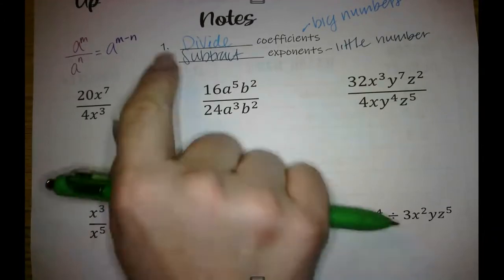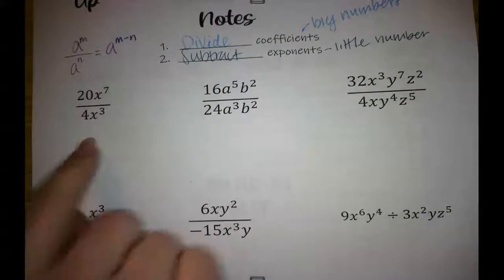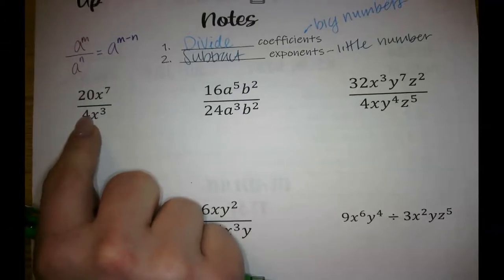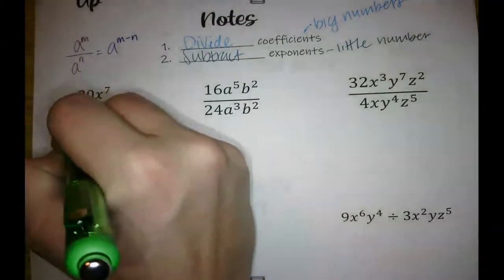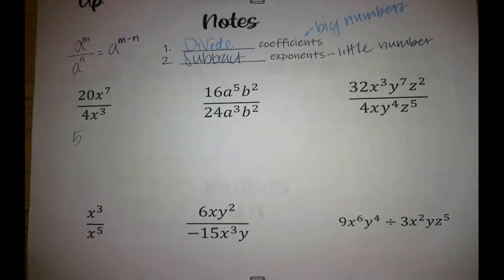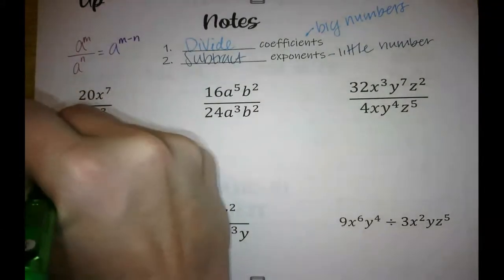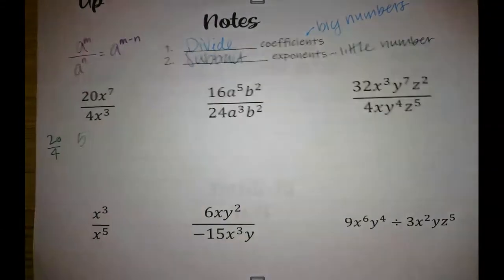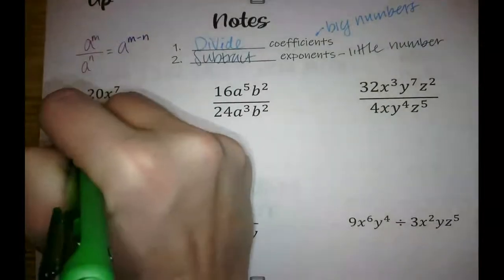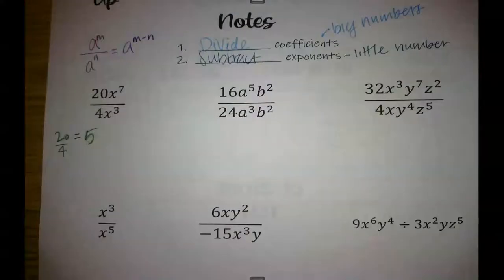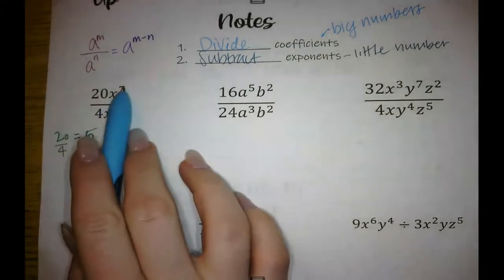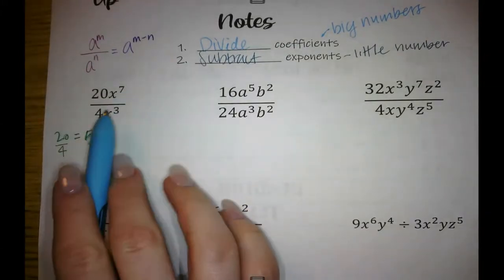All right, our first step is to divide our coefficients, our big numbers. So 20 divided by 4 is 5. Let me write that out. 20 divided by 4 equals 5. I'm just going to take this step by step so we can see. Then we have x to the 7th divided by x to the 3rd.